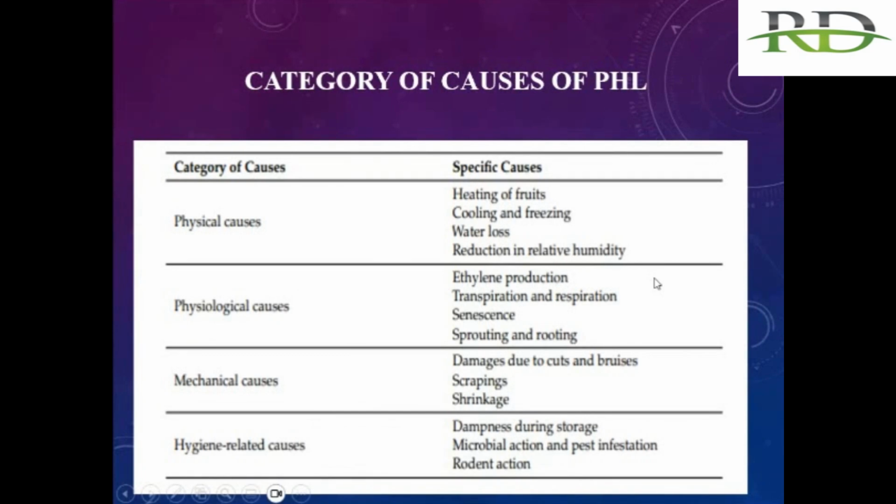Physical causes include cooling, freezing and heating of roots. Physiological causes include ethylene production, transpiration, senescence, sprouting and rooting. Mechanical causes are damage due to cuts, bruises, scraping and shrinkage. Hygiene-related causes are dampness during storage, microbial action and pest infestation. Rodent action, like mice, also takes place.